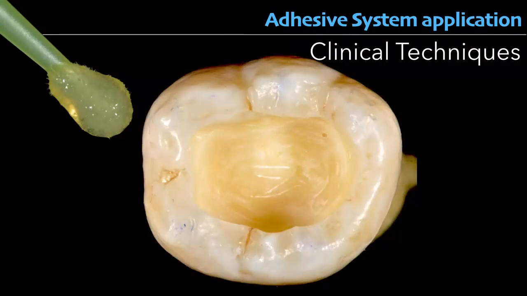Then you have to apply the adhesive. In self etch, the etchant and the bond are in one tube, but in total etch you need a separate adhesive system when you are etching and bonding to enamel. So you can use self etch on enamel after doing a total etch. The important thing is that when you apply adhesive, you have to apply 2 to 3 coats so that it can cover all the dentinal tubules.